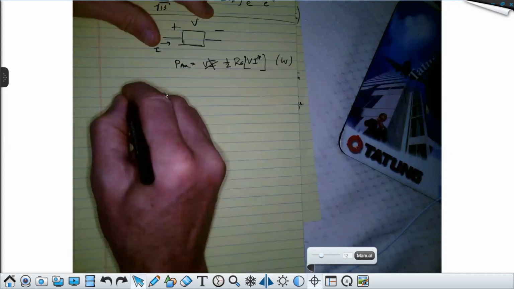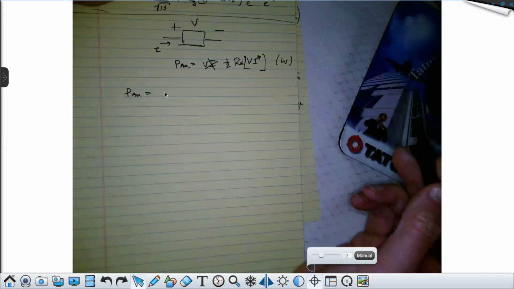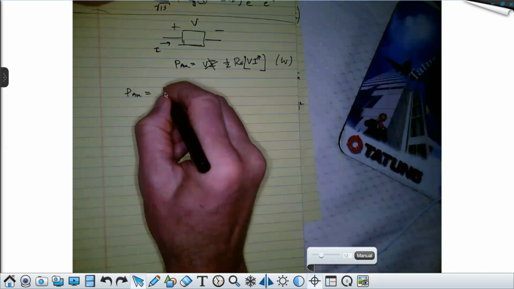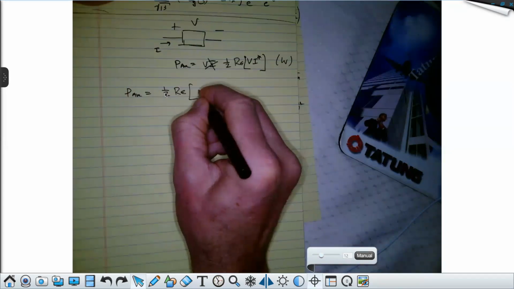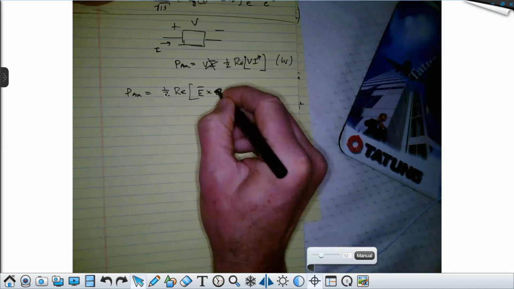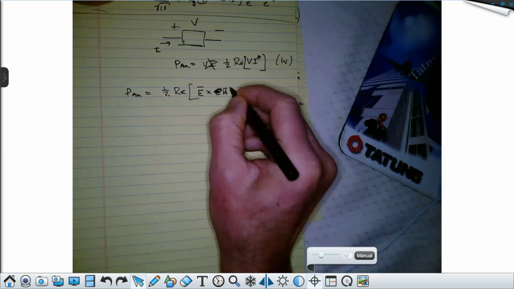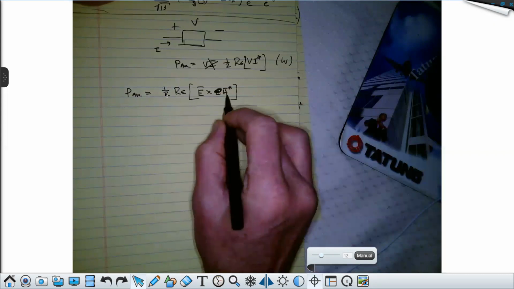So when we talk about the average power flowing, and this is true for a propagating wave, it would be 1/2 the real part of the vector component of E cross the vector component of H vector conjugated. Now this will give you the vector of propagation as well.